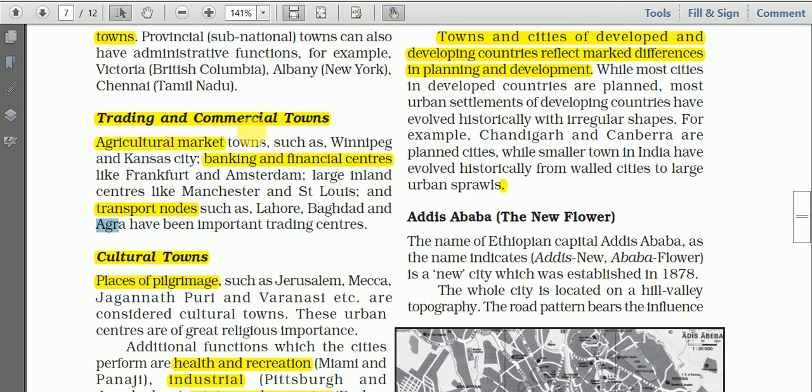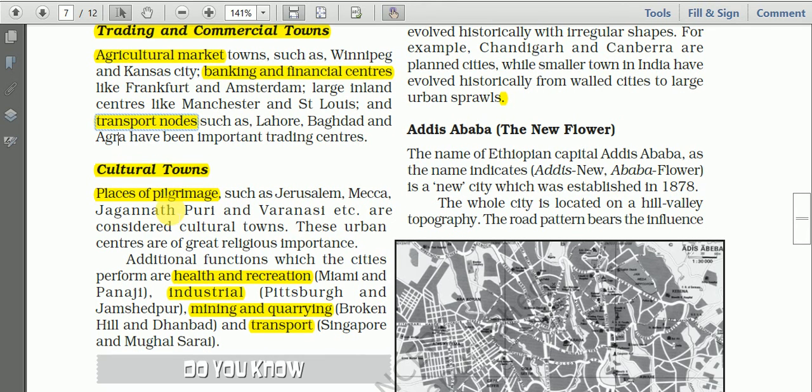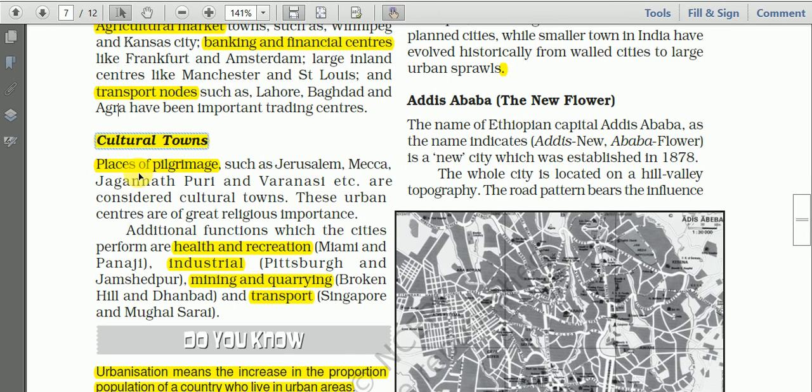So remember, under trading and commercial towns we have these subtypes: agricultural market towns, banking and financial towns, and transport towns, with examples. Then the next important type of town is cultural towns. Here, see places of pilgrimage.